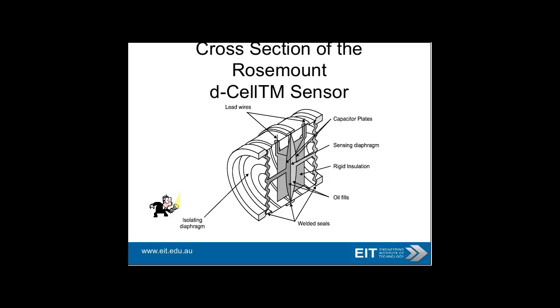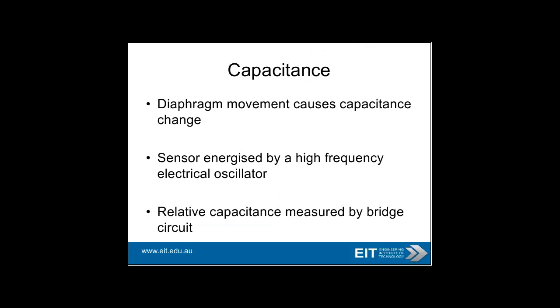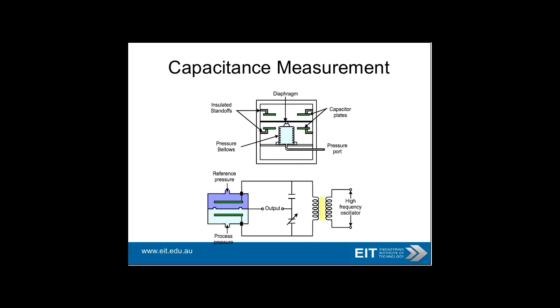So here's a cross section of a Rosemount sensor. Capacitance is another one, and again, it's quite clever. This one here, you're looking at the reference temperature, and the process pressure is coming in there and the reference pressure is coming in over here. That change in capacitance there is compared to a higher frequency oscillator from here, and the voltage measurement is what you look at there, and this is obviously a capacitance bridge.